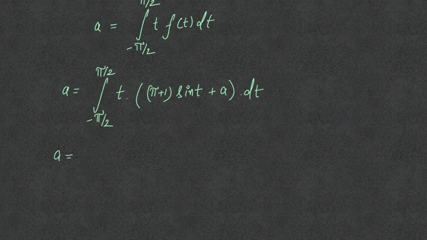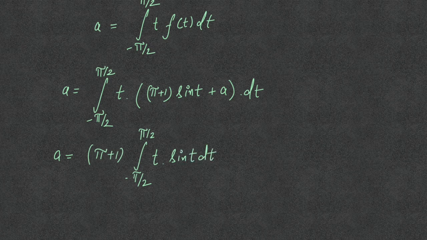So a is equal to (pi plus 1), which is a constant, times integration from minus pi by 2 to plus pi by 2 of t into sine t dt, plus a into integration of t from minus pi by 2 to plus pi by 2 dt.